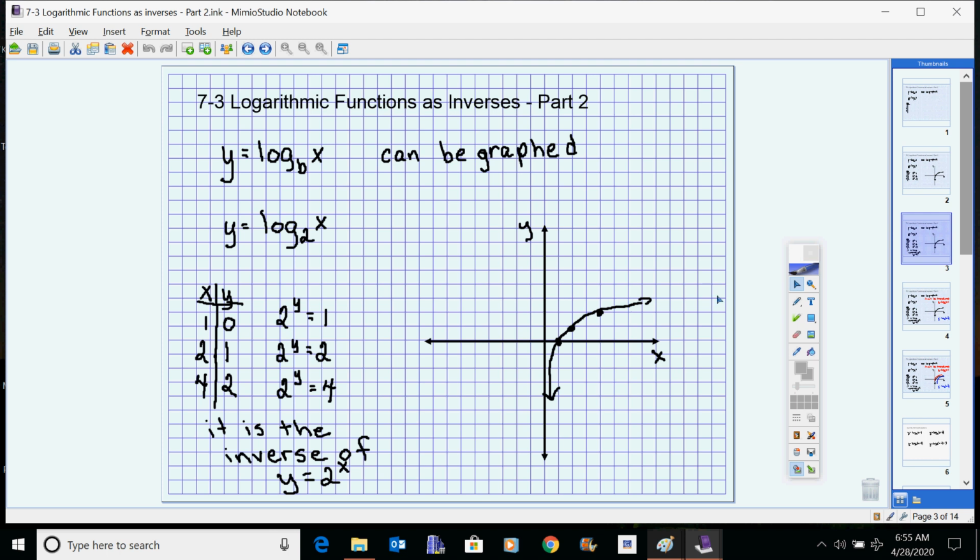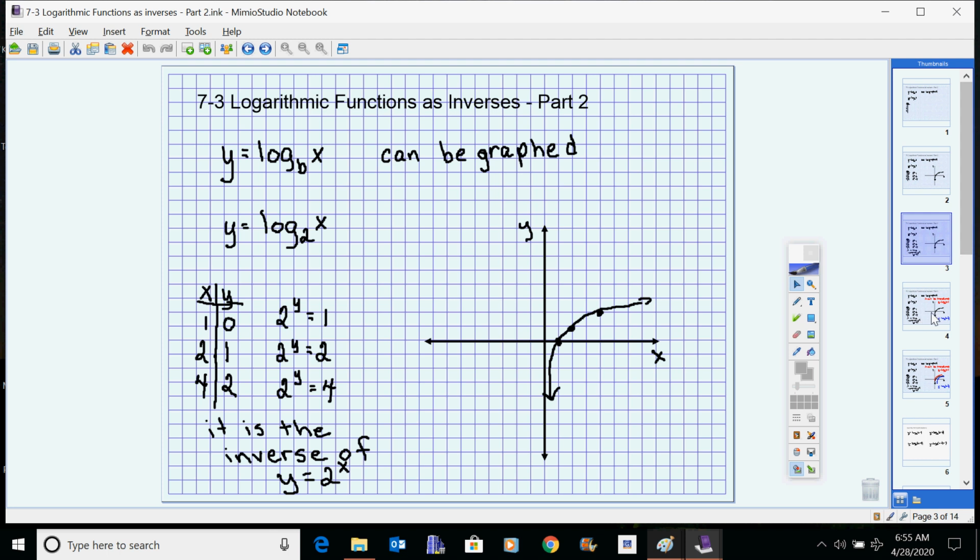So increasing this way and then coming down here, but instead of having the x-axis being the place where it's approaching but not crossing over, we have the y-axis. Remember our inverse functions, if you think about this imaginary line, it's just the inverse. In other words, you could fold the paper over and you would get the same thing on both sides.